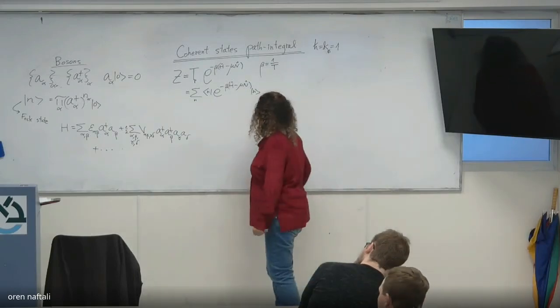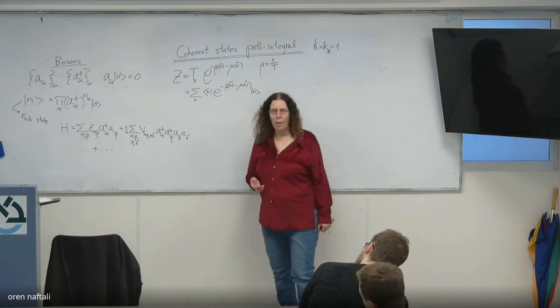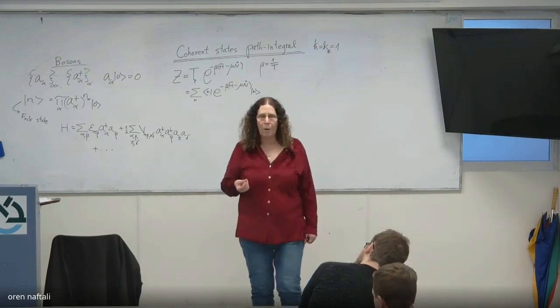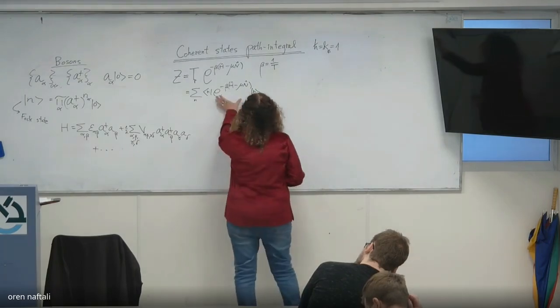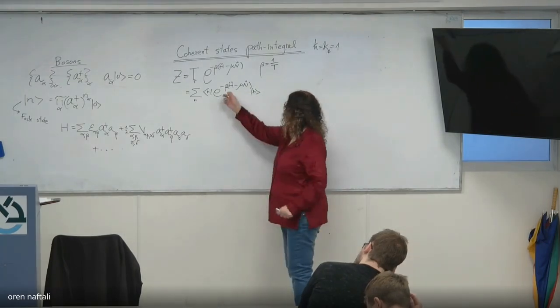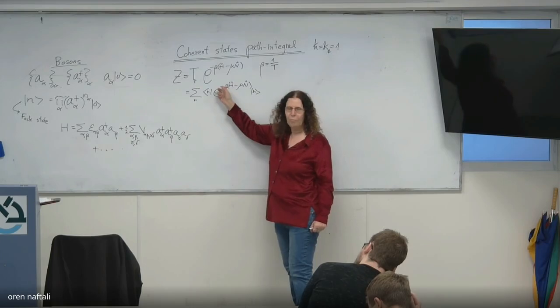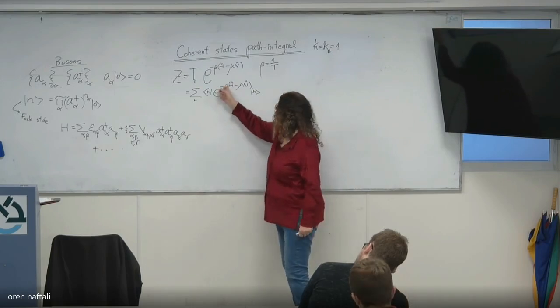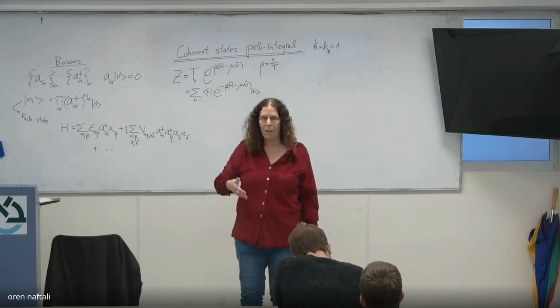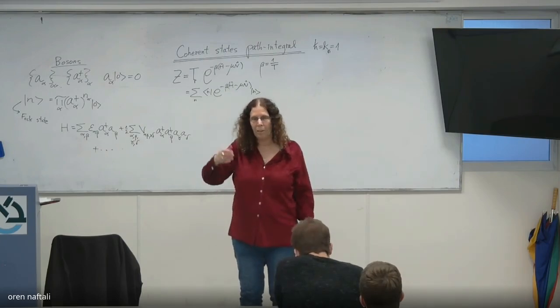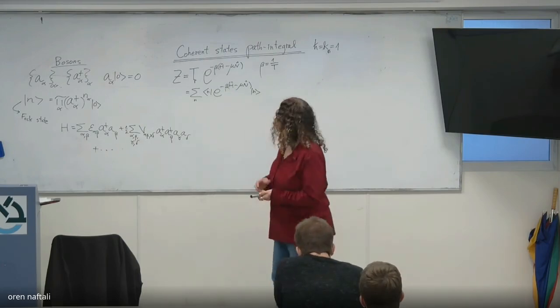So that's the idea, but in order to do it, I remind you what we did in the single particle case. We took this exponential, and we look at this parameter beta as something that we call an imaginary time. It's like a parameter that has units of time.